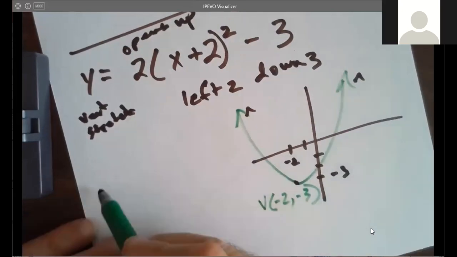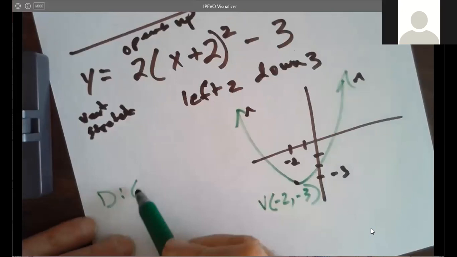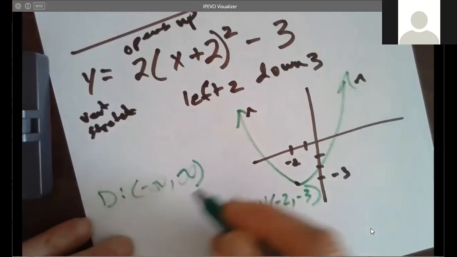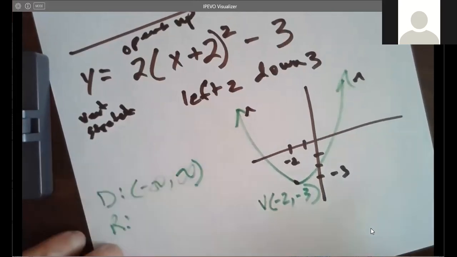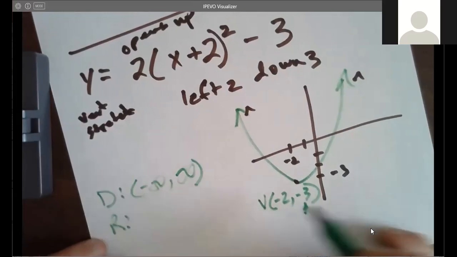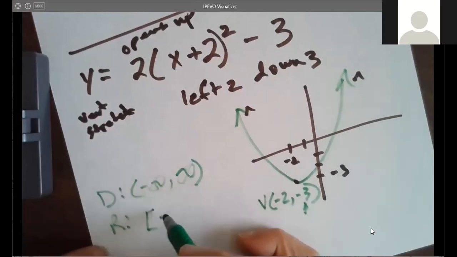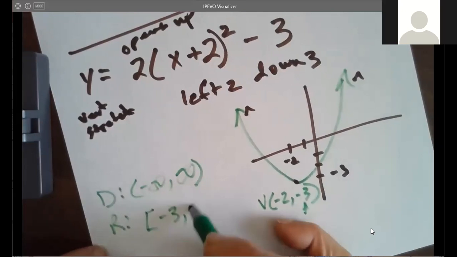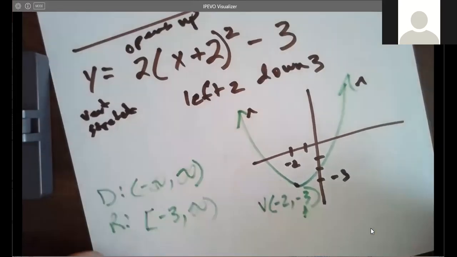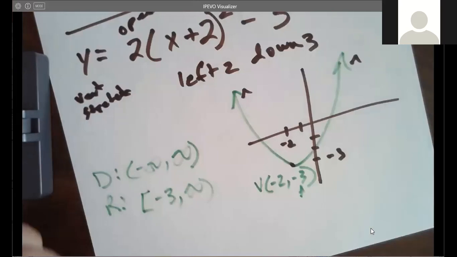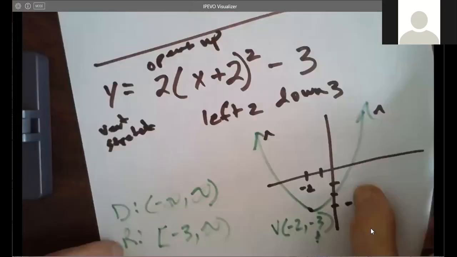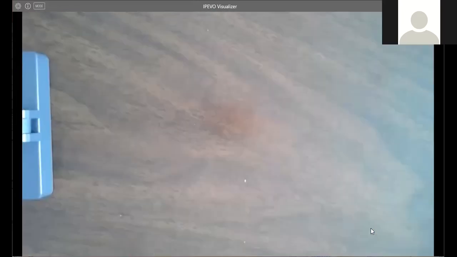So the domain, again, negative infinity to infinity, and the range closed at negative 3 going up, so it's going to be negative 3 to infinity. All right, so let's take a look at one more in front of this page.